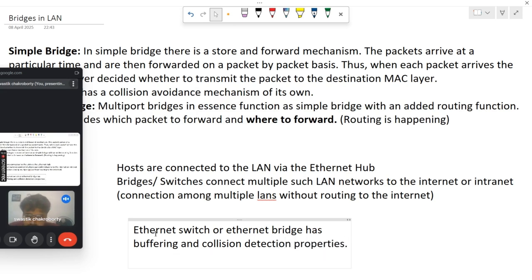An Ethernet hub connects all the devices in a particular Ethernet LAN network to the core network. The Ethernet hub does not have any buffering or collision prevention.